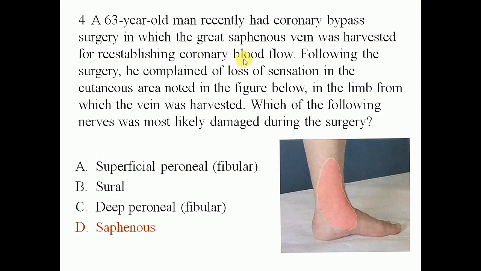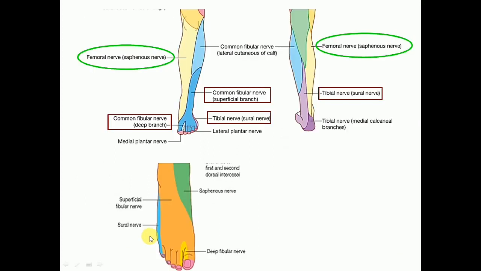So the great saphenous vein was taken for the coronary bypass surgery, and the great saphenous vein is accompanied by the saphenous nerve here in this part along the medial side of leg. The saphenous nerve supplies the skin of the medial side of leg and the medial border of foot up to the base of the big toe, and saphenous nerve accompanies the great saphenous vein. So the most likely nerve to be injured will be the saphenous nerve.